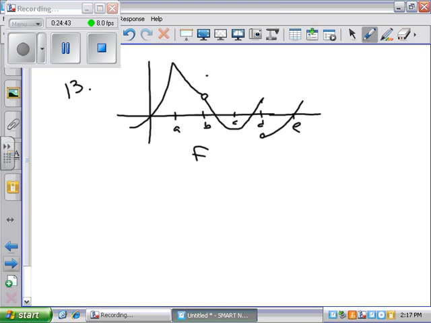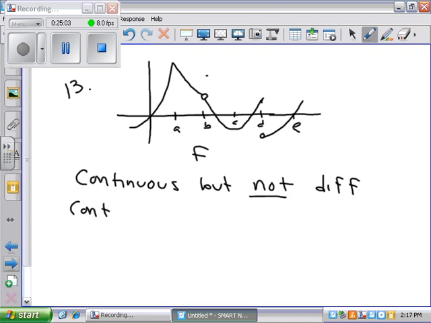We have to find where the function is continuous but not differentiable. So we want it to be continuous, but not differentiable. Okay, first tell me at which of these points it is continuous. It's continuous at A, C, and E, not at B and D, because it's not continuous there.